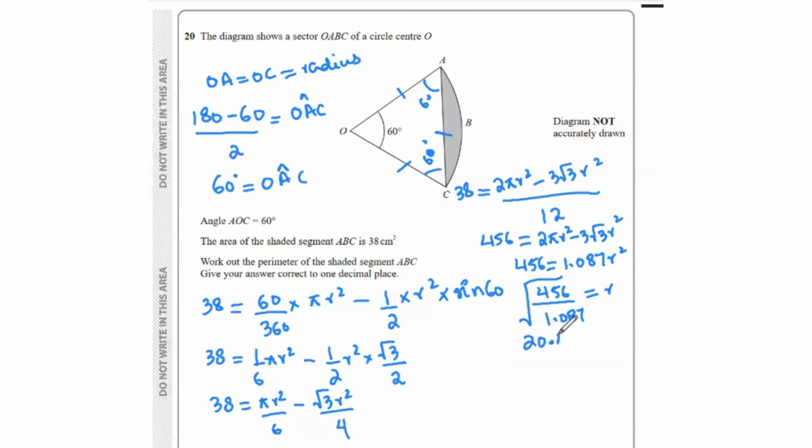That's 20.48 centimeters for the radius. So we have the length of AC now because AC is the same as OA and OC. That's 20.48 centimeters.